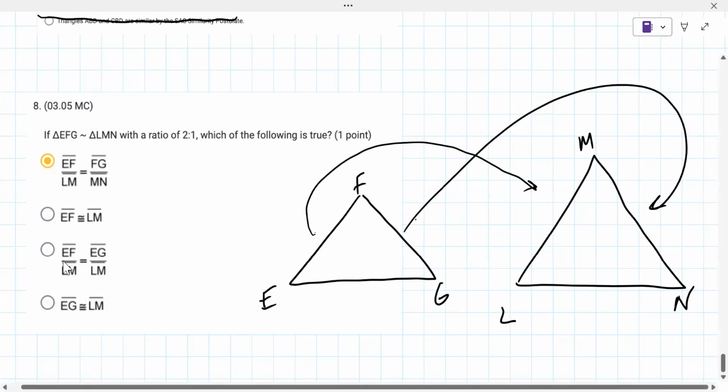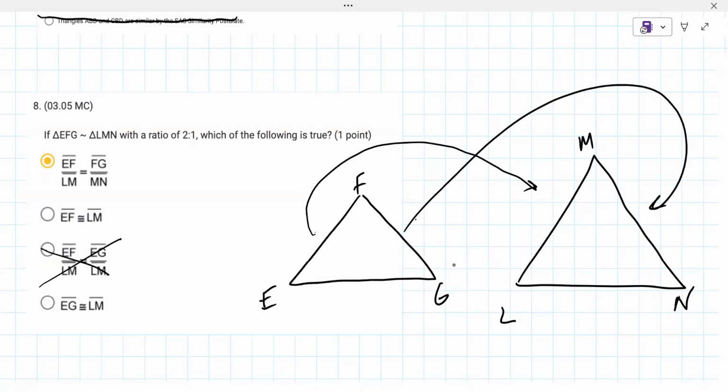So EF over LM, EG... I was looking at one of the other ones, but it doesn't have the right letters for the sides. So this one is correct. The other ones, they're not congruent, so they can't be. Got it. Yeah, that makes sense.